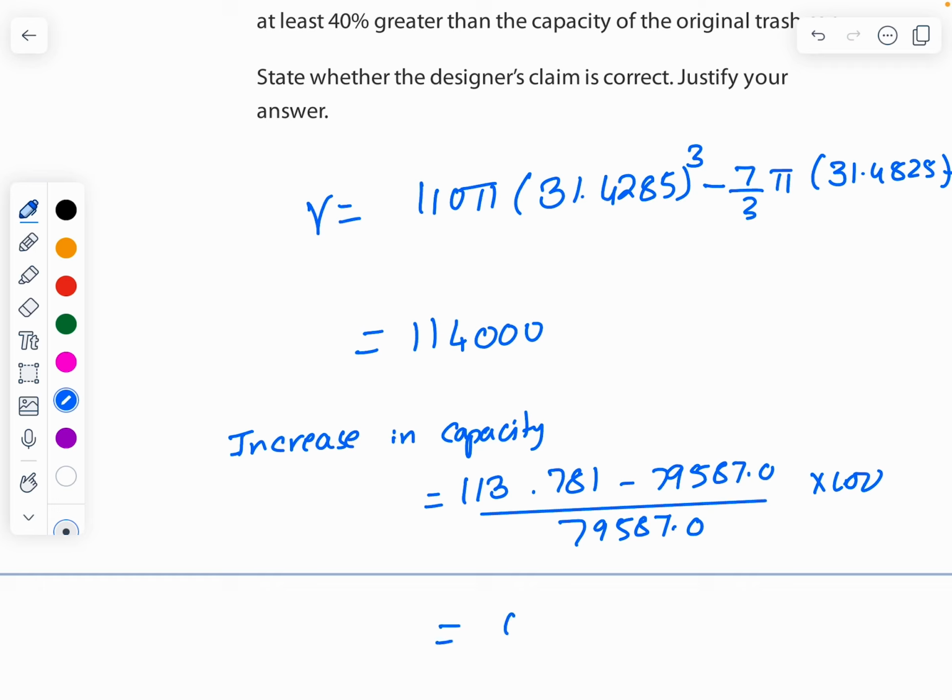Which comes to nothing but what? 43%. So obviously it is greater than 40%. So that's going to be the answer.